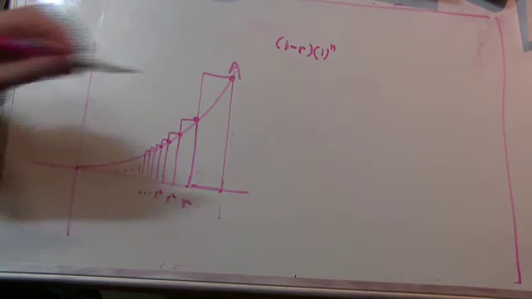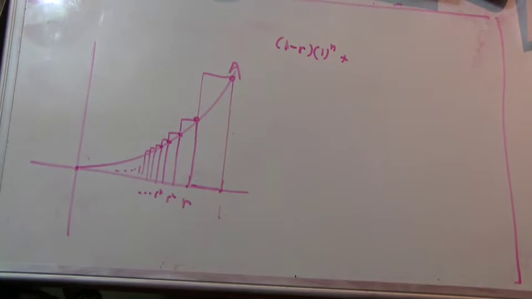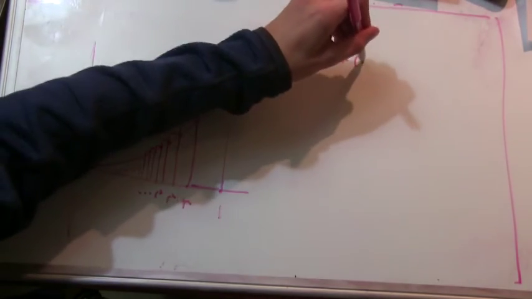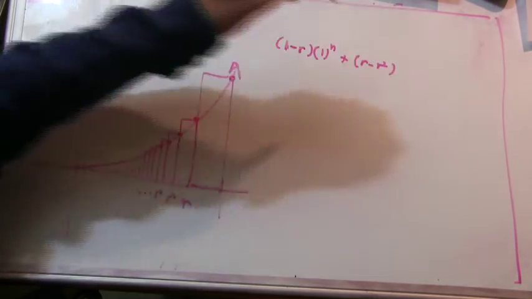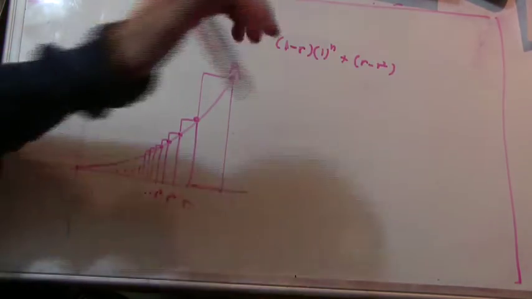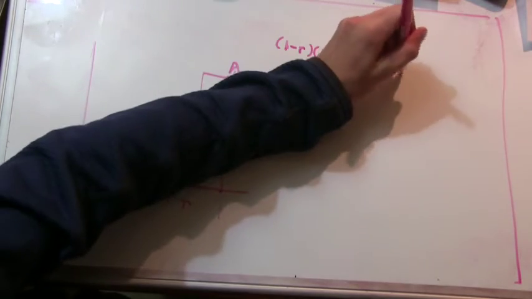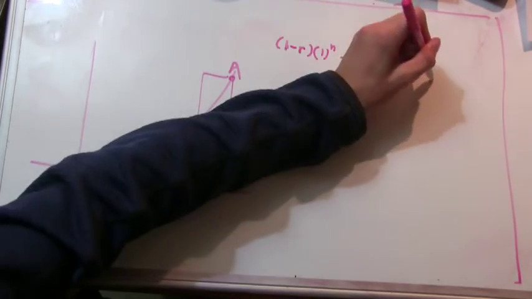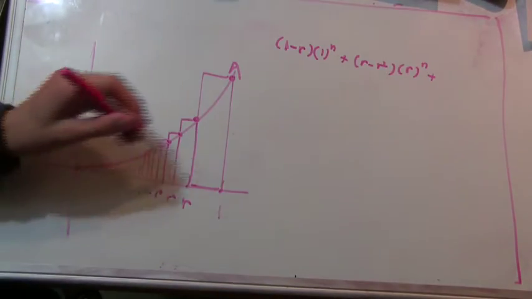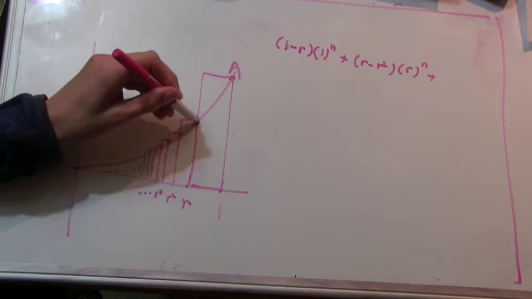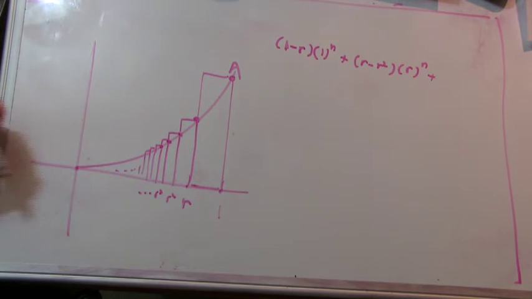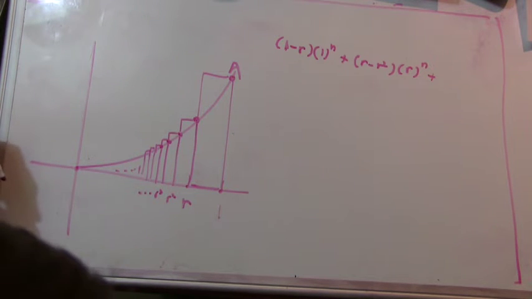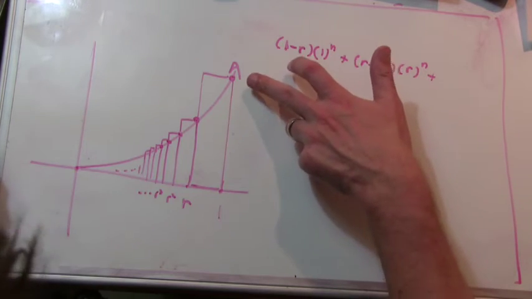Okay. And then we're going to add, for the second one, we have R minus R squared times R to the n. Oh, wait a minute. Oh, yes. Sorry, I got confused. This is the function x to the n.